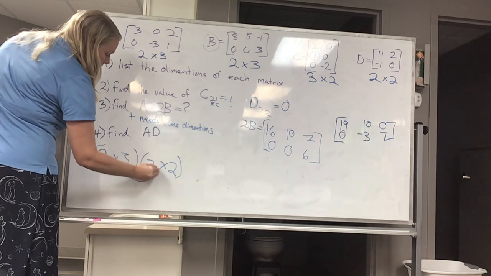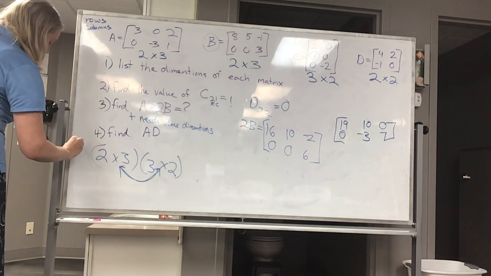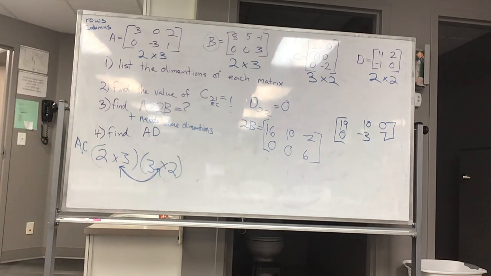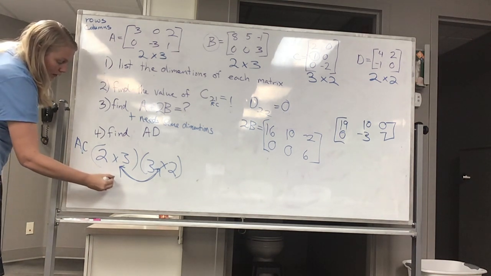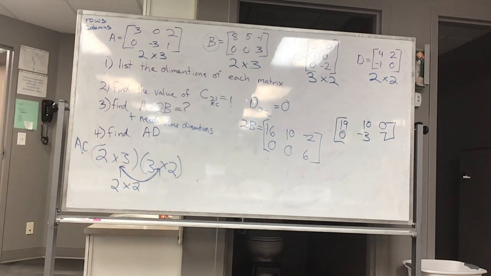And so these inner dimensions being the same make it possible. So that was an A times C. And it's just written together the same way. Multiplication is always written together. So the 3's are the same. Our final answer is going to be 2 by 2. And we'll talk about why in a little bit.